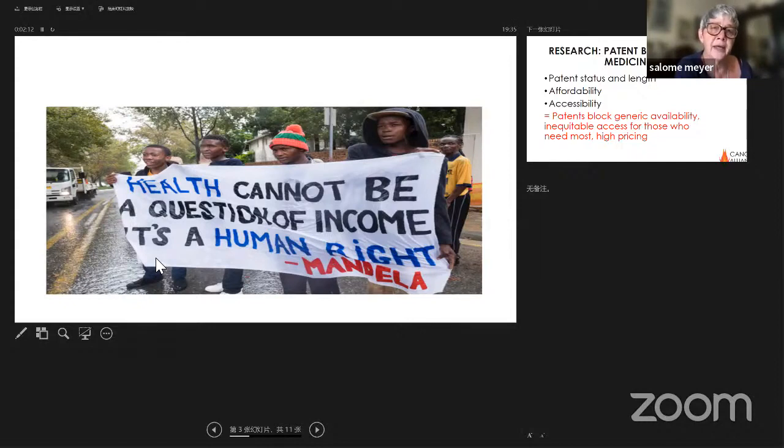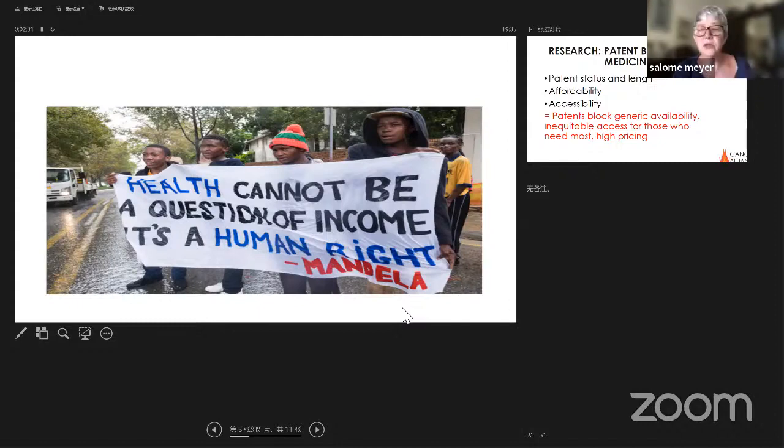That's why discussions like today are very important for us to discuss the role of health technology assessment and how that should improve access and affordability.